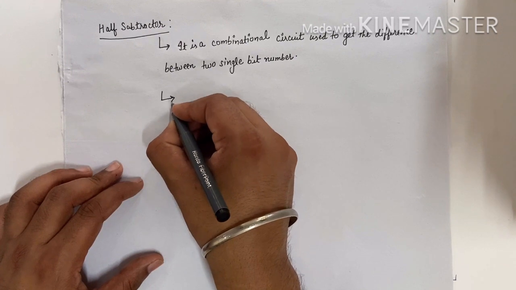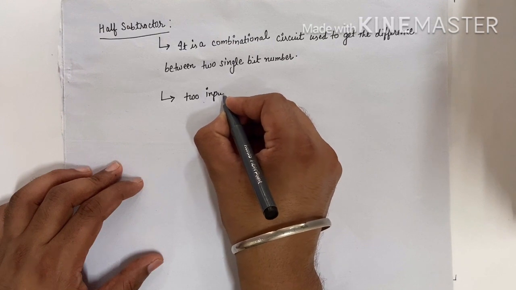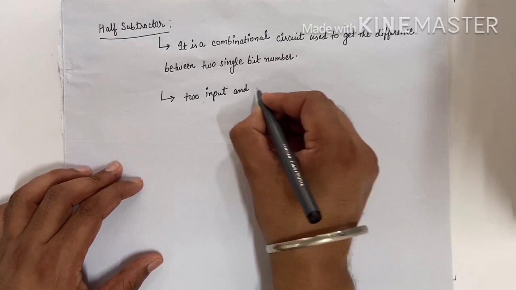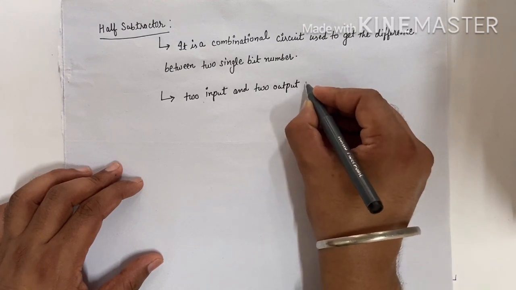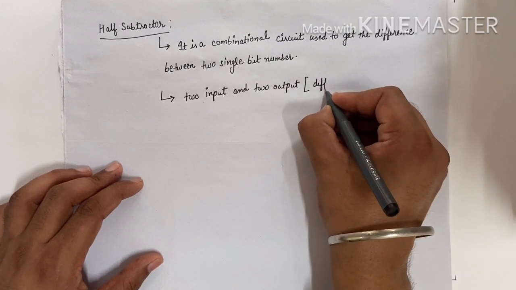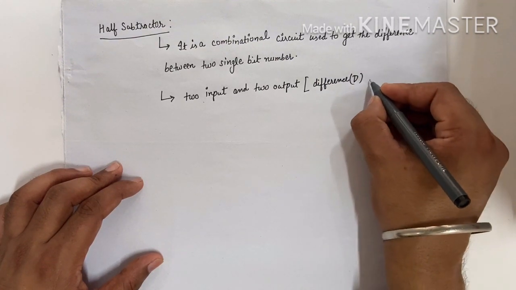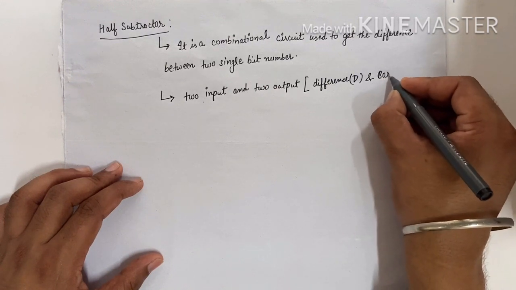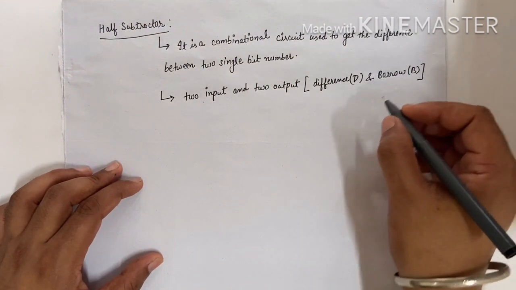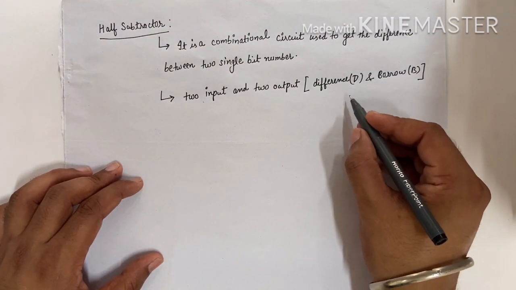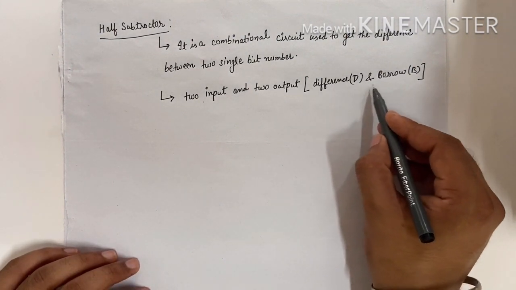It also has two input and two output. Here the output is difference, which is denoted by letter D, and borrow is represented by letter B. In the half adder we have two output, which is sum and carry, but in this half subtractor we have two output, that is difference and borrow.